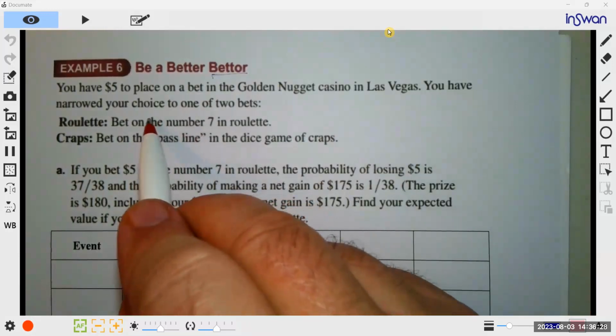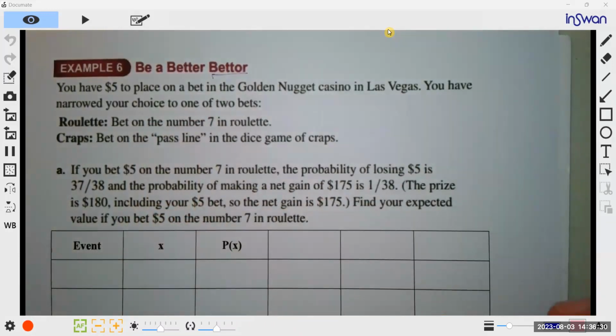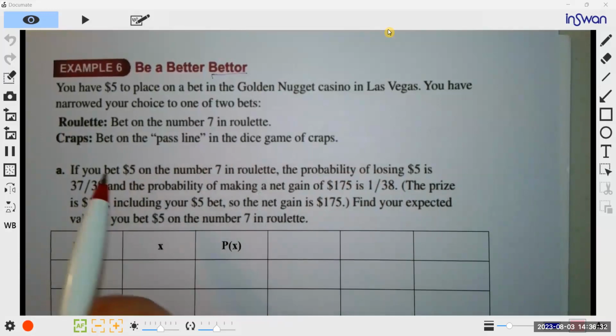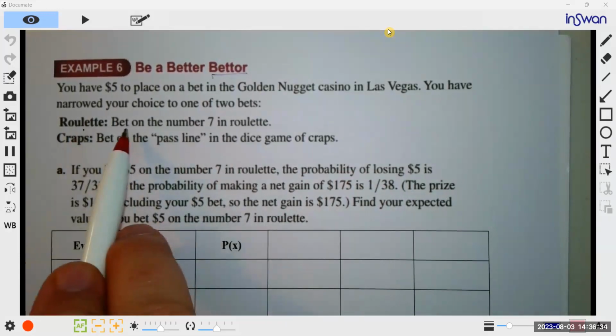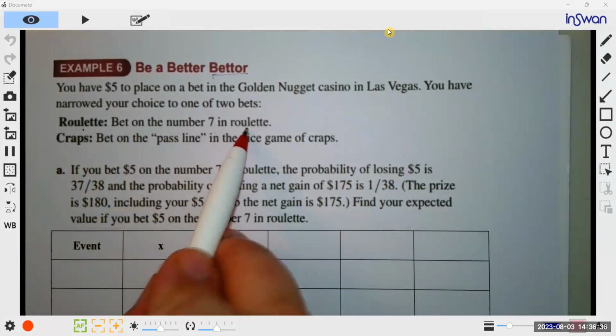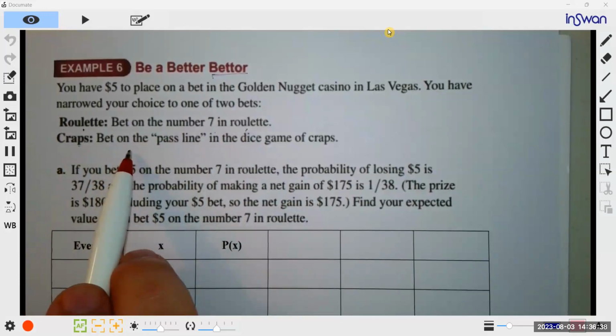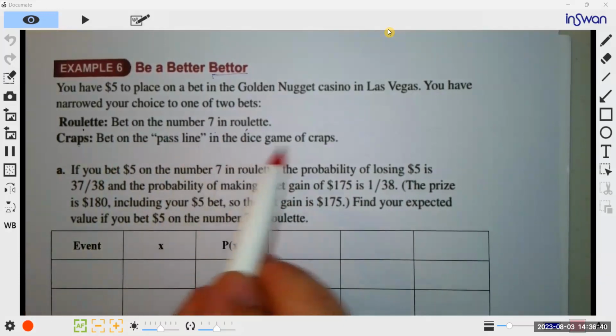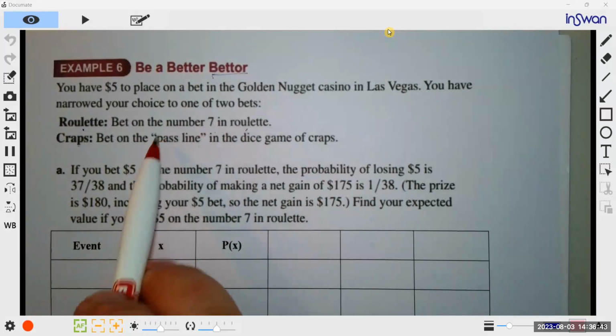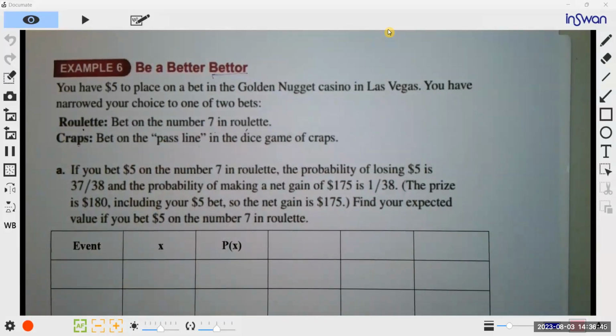You have narrowed your chances to one of two bets: roulette, bet on number 7, or craps, bet on the pass line in the dice game of craps. The pass line on the come out is you're hoping for the person to roll a 7 or 11 on the first roll, because 7 is the most frequently occurring number with two dice being tossed.